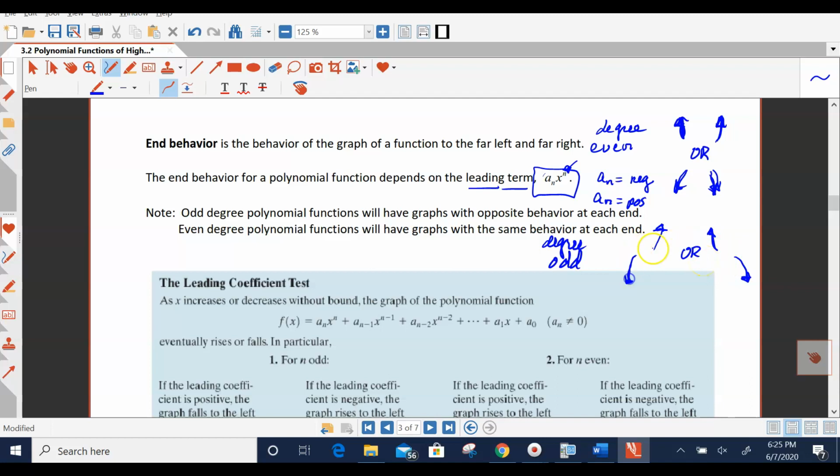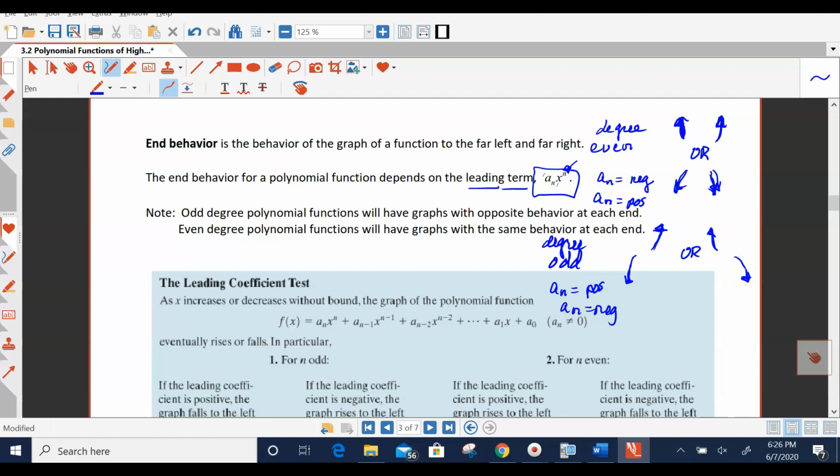How will I know which scenario it's going to be? Depends on that leading coefficient. So if a sub n is positive, then it's going to act like x cubed, where the left went down, the right went up. And if a sub n is negative, then it's going to be a flipped over x cubed, which means the left goes up and the right goes down.